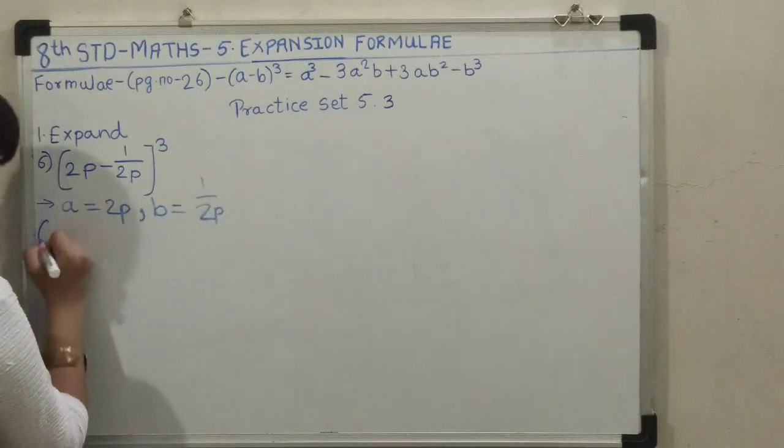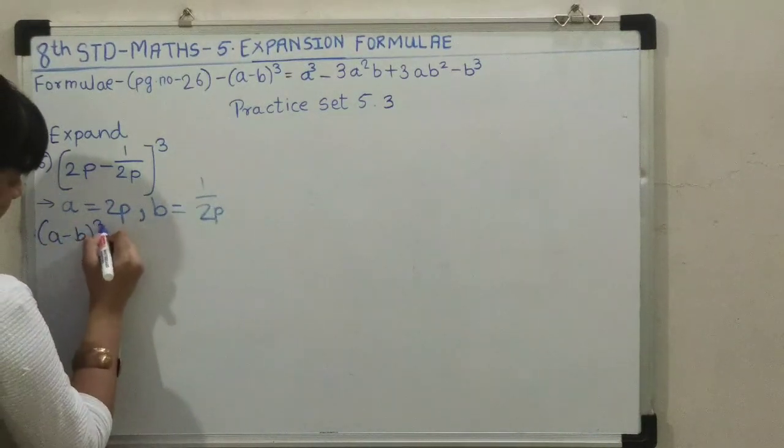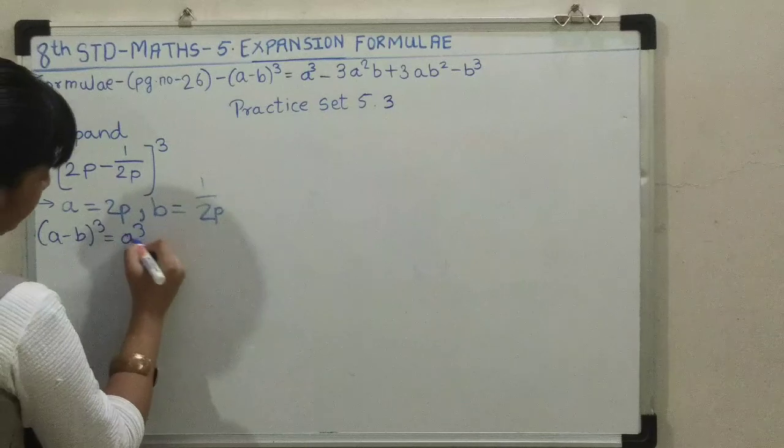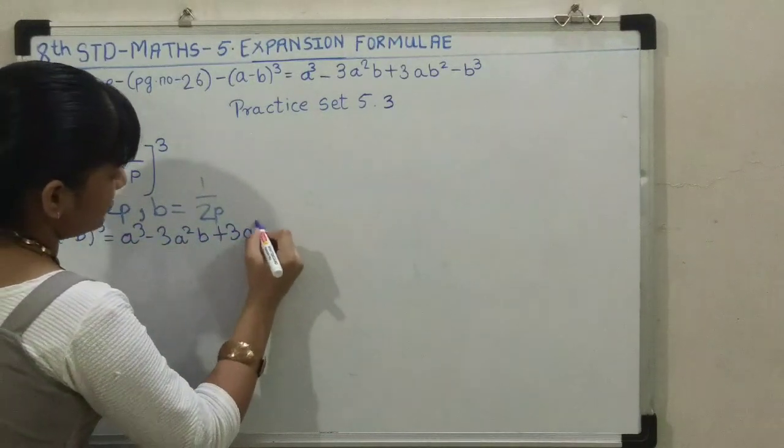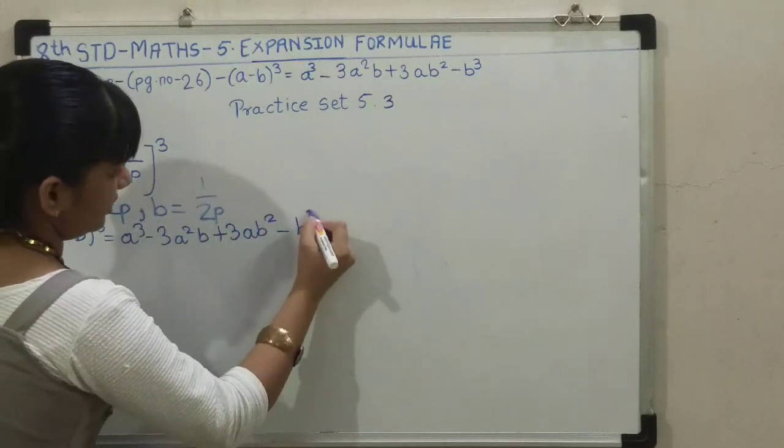And then we'll write here the formula: (a - b)³ = a³ - 3a²b + 3ab² - b³.